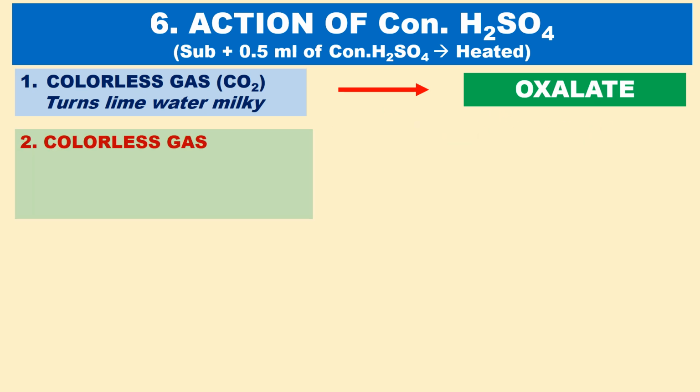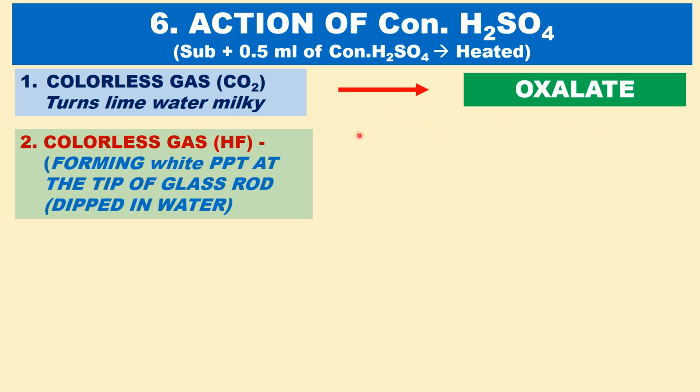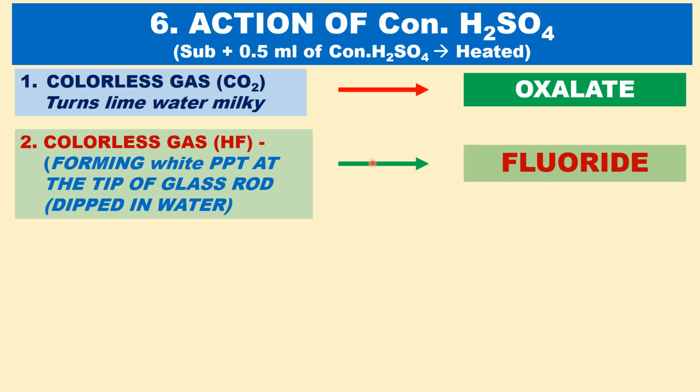Now you see a colorless gas. When you add concentrated sulfuric acid to, for example, calcium fluoride, what will happen is calcium sulfate plus HF. HF is produced, a colorless gas.